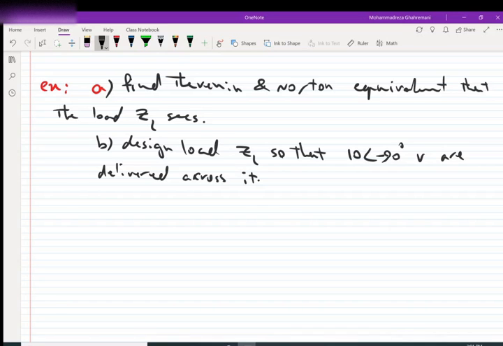So first we want to find the Norton and Thevenin equivalent, and then determine the value of ZL so that the voltage across it is 10 with the angle of -90 volt.